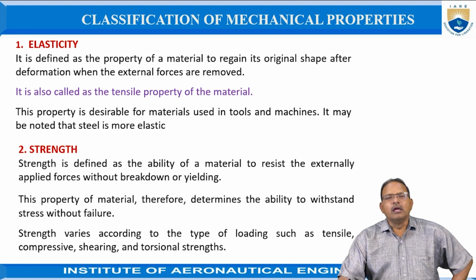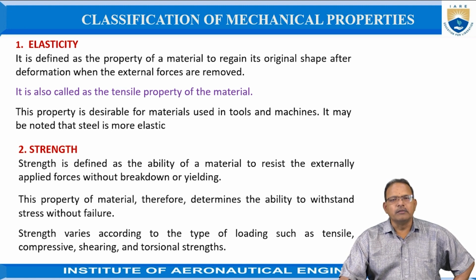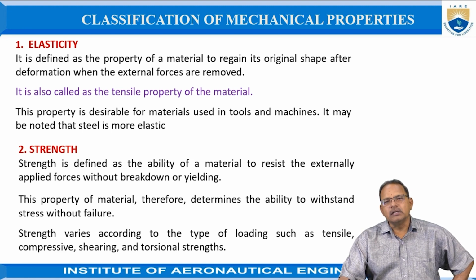Hence, when forces are acting on it, generally all materials deform, but some materials may have negligible deformation and some may have more. But after removal of external forces, if the object regains its original shape, that is, the deformation disappears, then the property is known as elasticity.